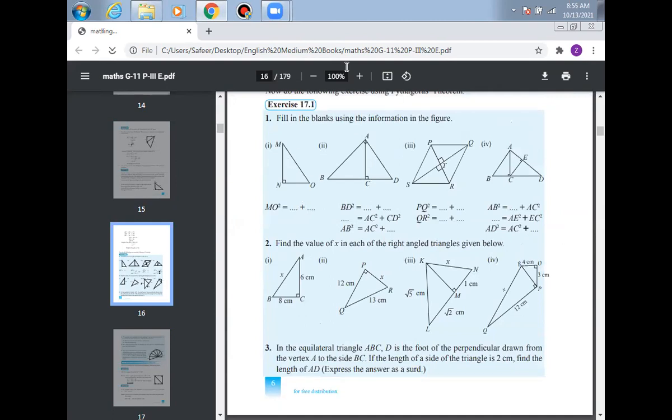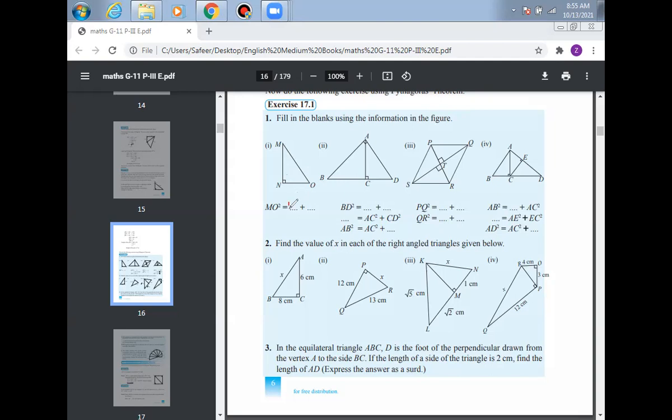So you can see in this diagram, this is the right angle, this is the side opposite to the right angle, MO. Then MO squared is equal to MN squared plus NO squared.